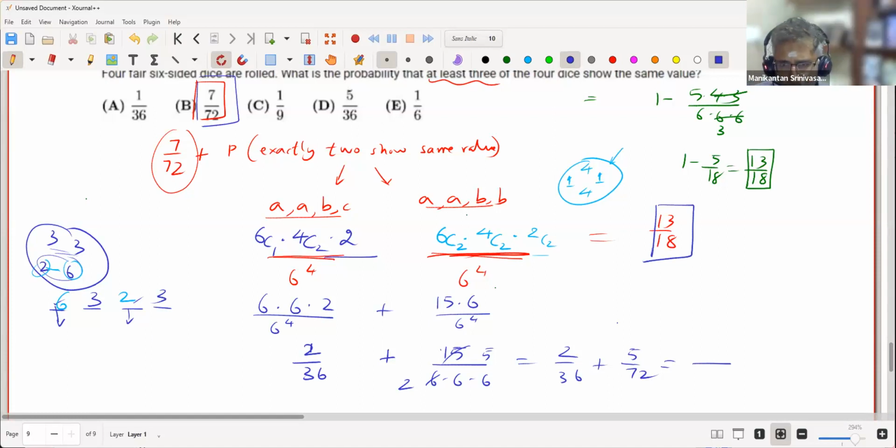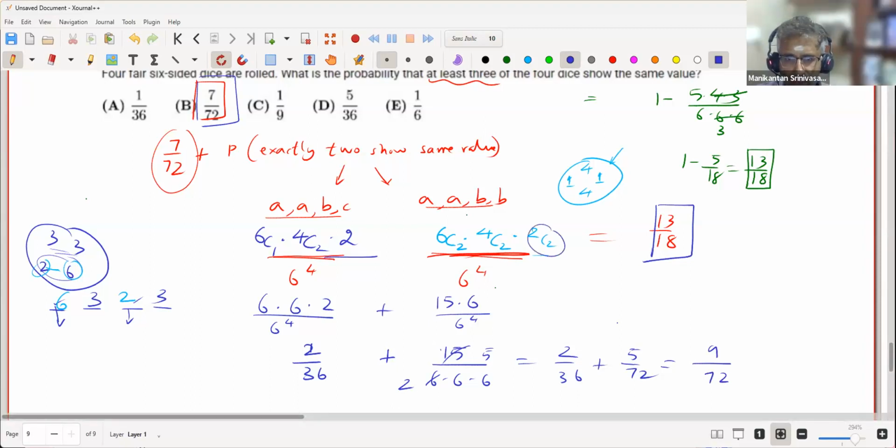So 2 over 36. Can you help me, guys? So 72. How much is this? 9 over 72. Okay. 9 over 72. Does it add up now, or does it still not add up? Am I doing some other mistake now? 6 into 6 by 36. So did you account for 2 choose 2 in the second part? 2 choose 2 is just 1, right?